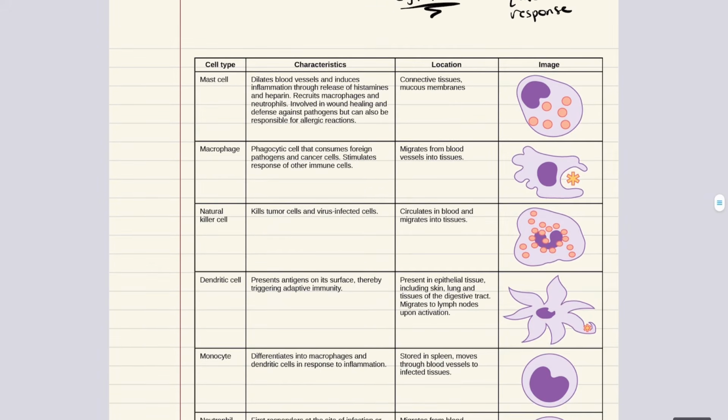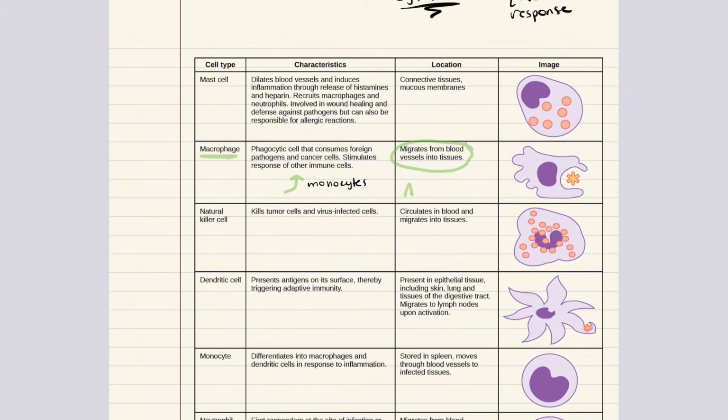Now, moving on to the next page, we've already discussed macrophages in detail, but to summarize, macrophages are large phagocytic cells that originate from monocytes. They migrate from the blood into tissues where they engulf and digest foreign pathogens, dead cells, and even debris.